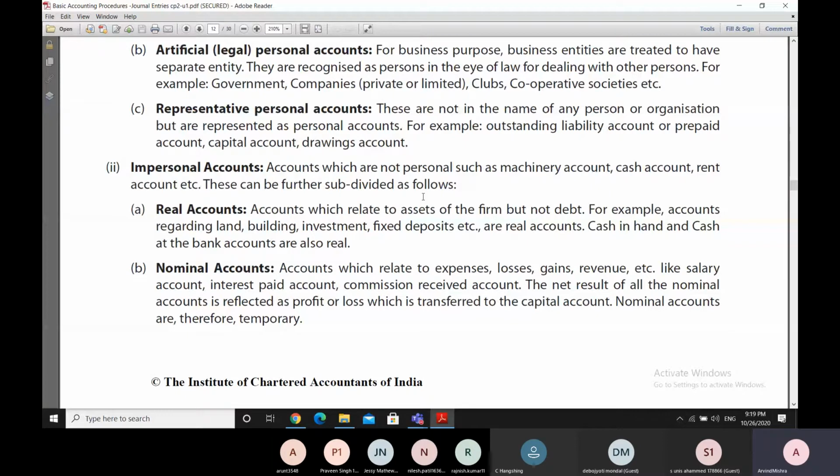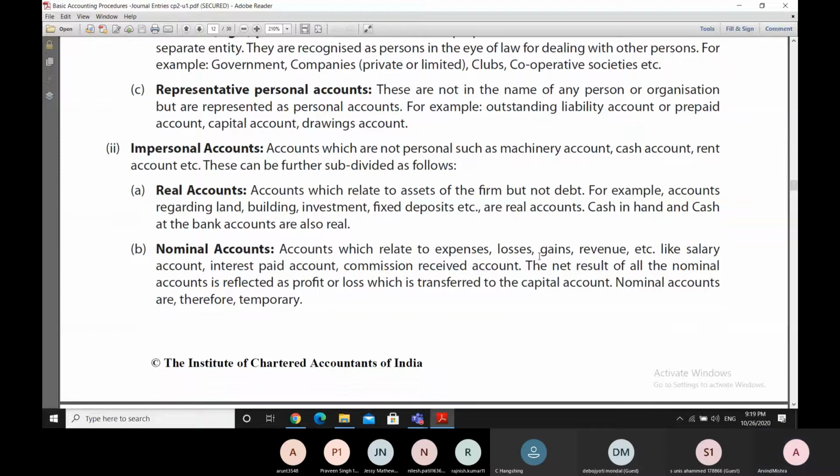Nominal accounts are those accounts which relate to expenses, losses, gains, revenue, etc. Like salary account, interest paid account. Normally these accounts will be finding a mention in the profit and loss account, commission received account. Nominal accounts are those accounts which are accounts only in name.